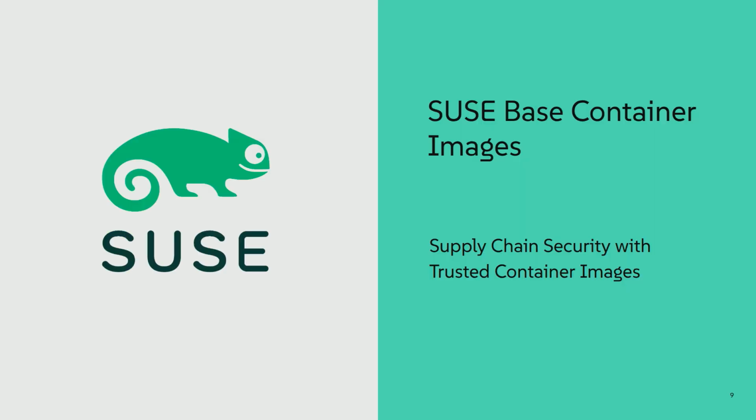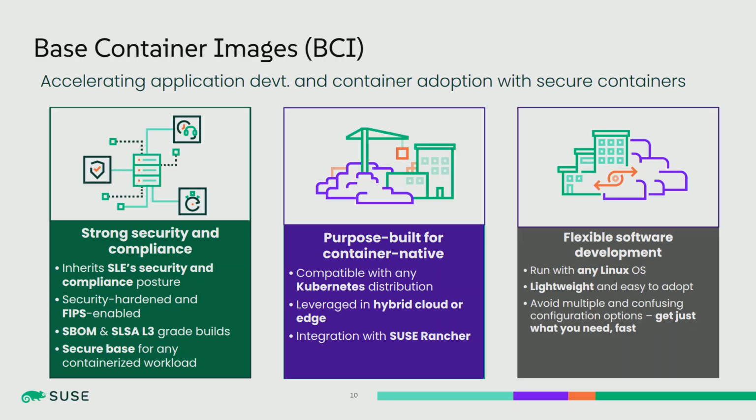And the next is the base container images. Now these are again trusted container images that are available from SUSE. The SUSE base container images essentially are a set of images provided by SUSE that can serve as the base or as a foundation for building your own applications.